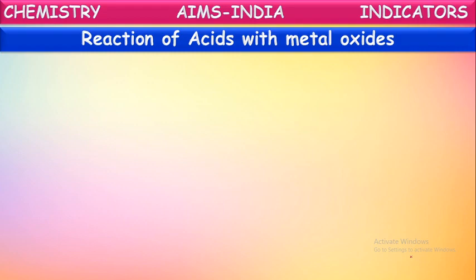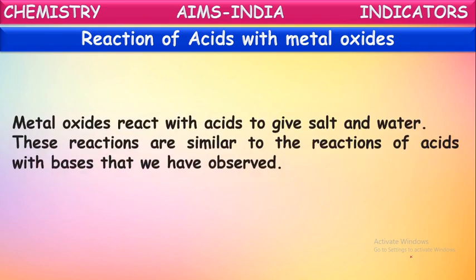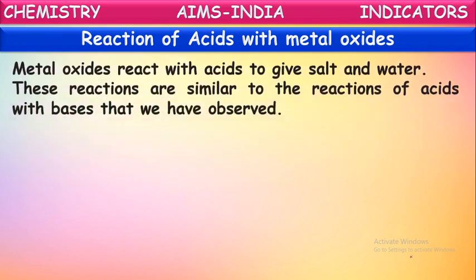Reaction of acids with metal oxides. Metal oxides react with acids to give salt and water. These reactions are similar to the reactions of acids with the bases that we have observed. In the previous example we saw sodium hydroxide base reacting with hydrochloric acid to form salt and water.